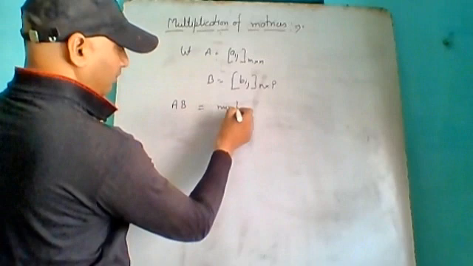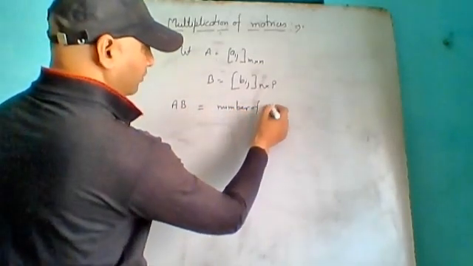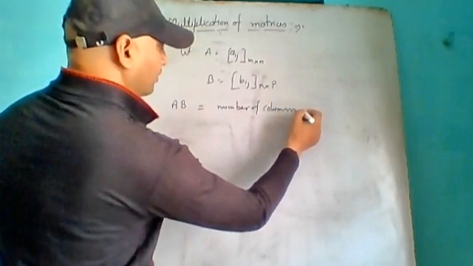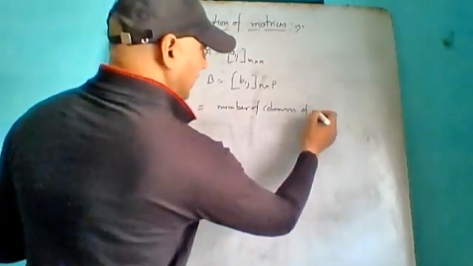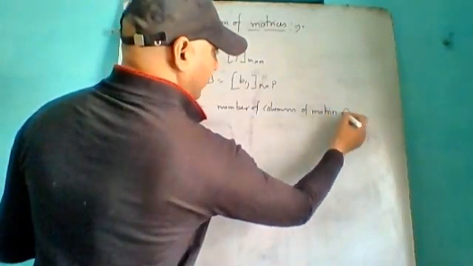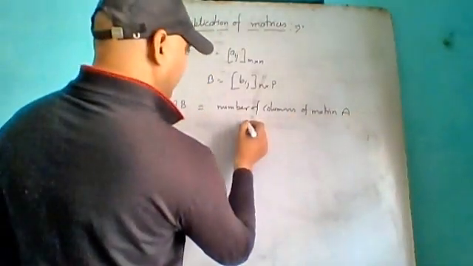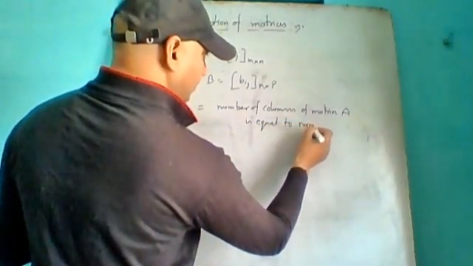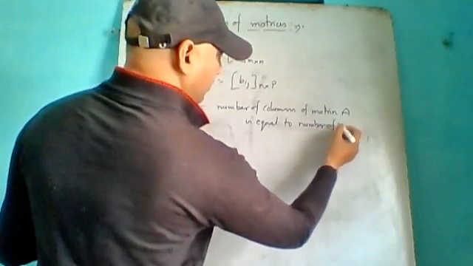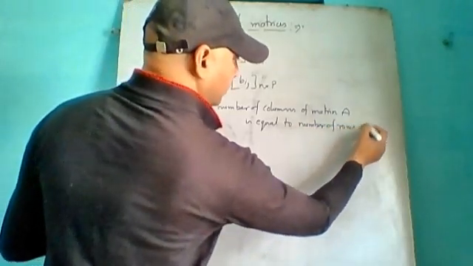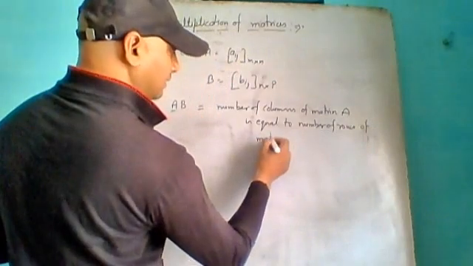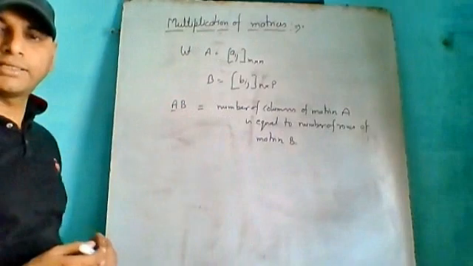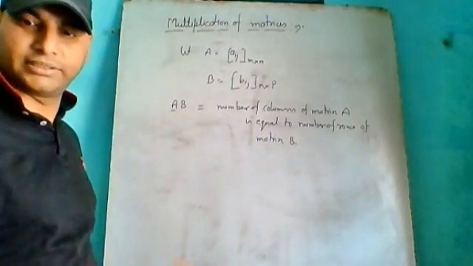the number of columns of matrix A is equal to the number of rows of matrix B. In that case, the matrices are defined for multiplication.